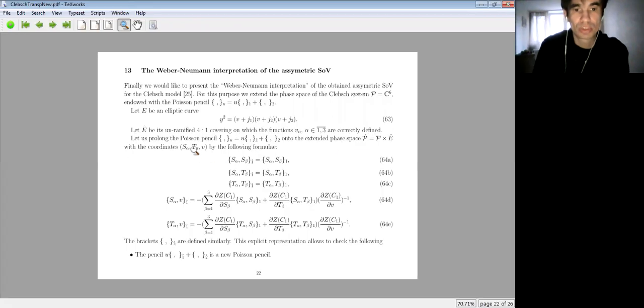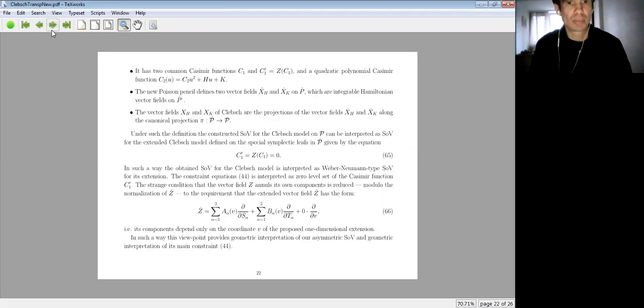Then we can prolong the Poisson pencil into the extended phase space, which is a simple direct product of P and A hat, with the coordinates S alpha, T alpha, V, by the formula 44, one bracket, and the same formula for the second bracket. So we obtain a new Poisson pencil on the extended phase space.